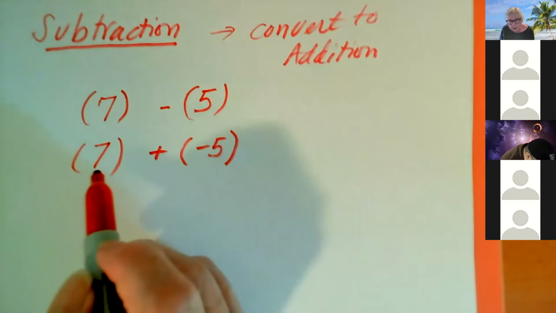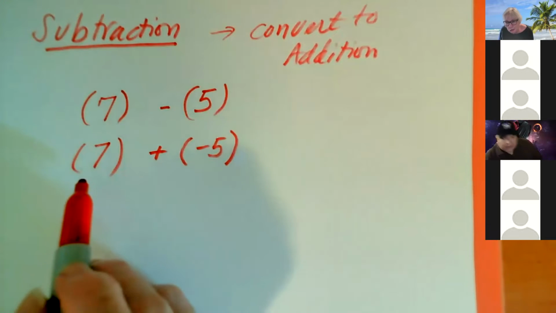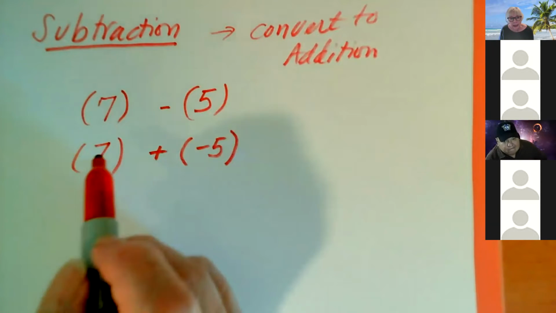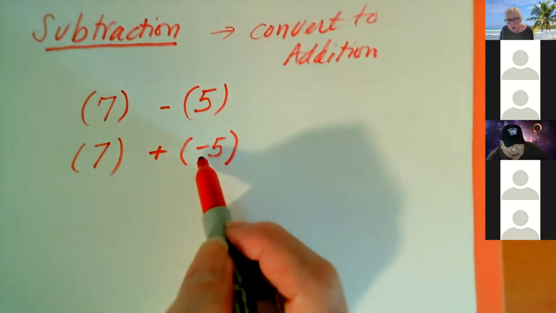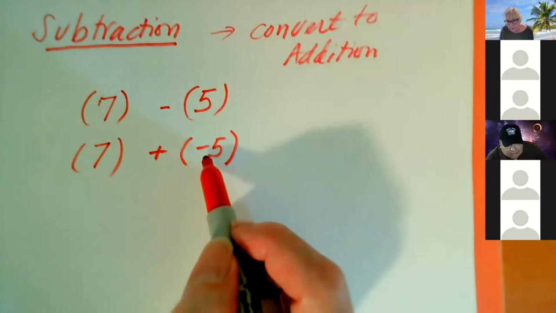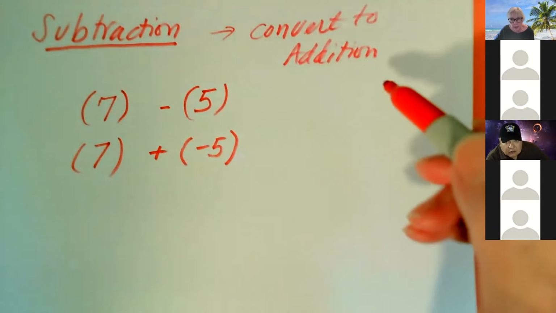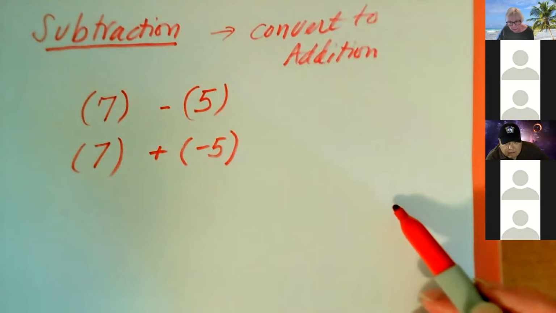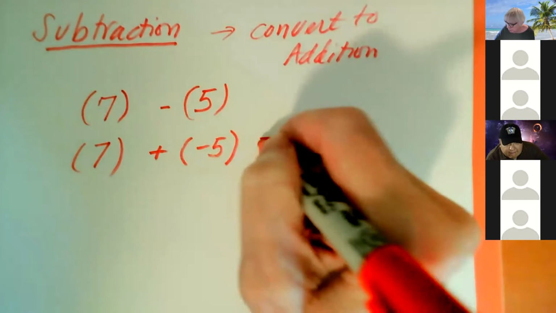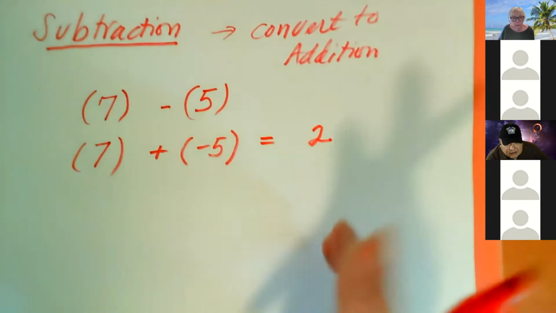In many ways, this is what subtraction really is anyway. You have a 7 and you're going to go back 5. So if you're on a vertical line, you would go down 5 from 7. And what your answer then would be 2.